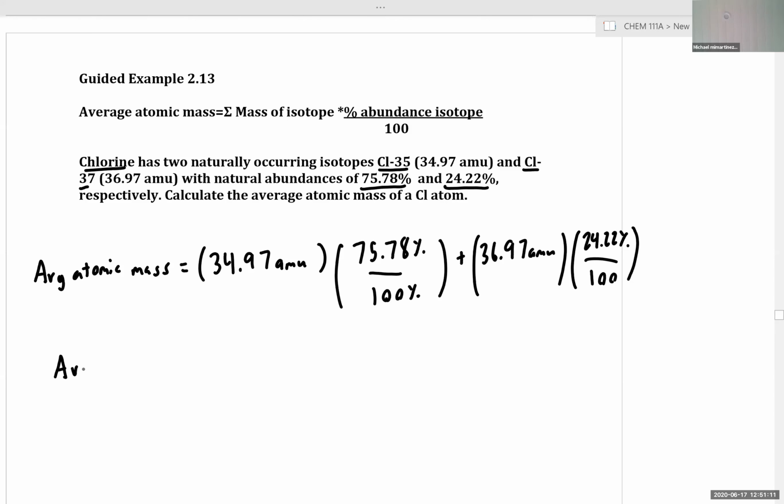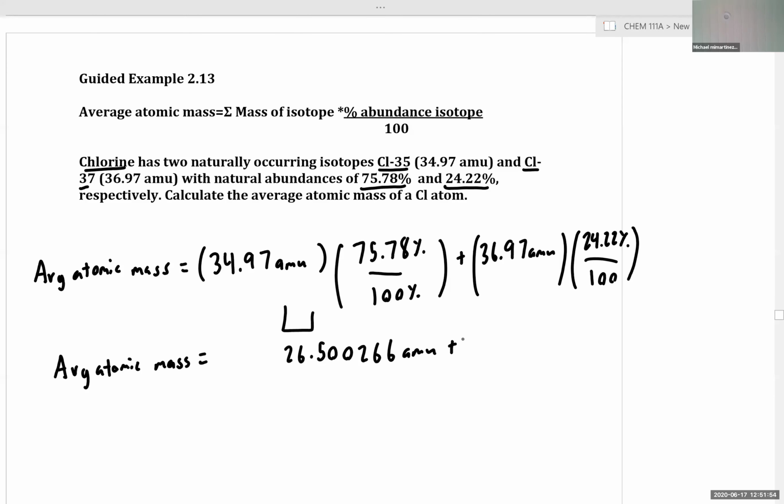And if we punch this into our calculator, the first term is 26.500266 AMU.